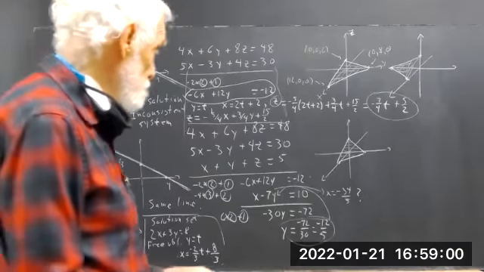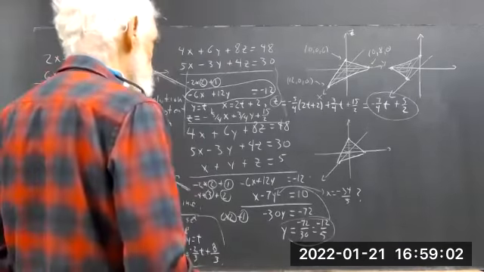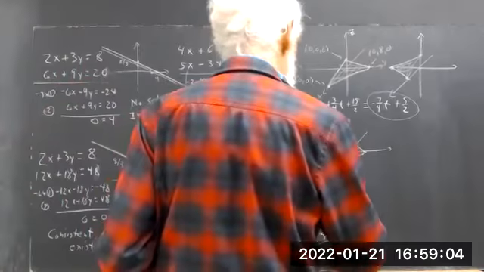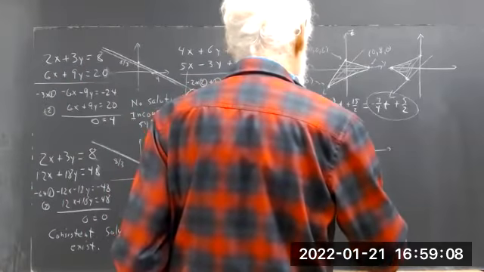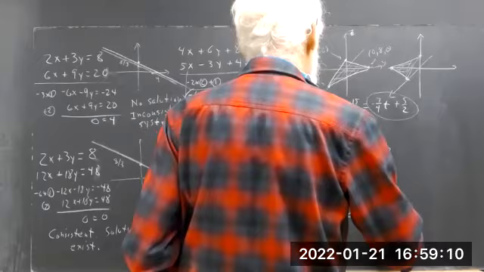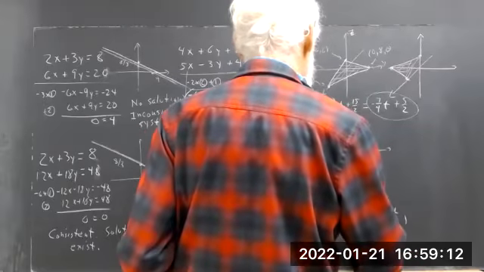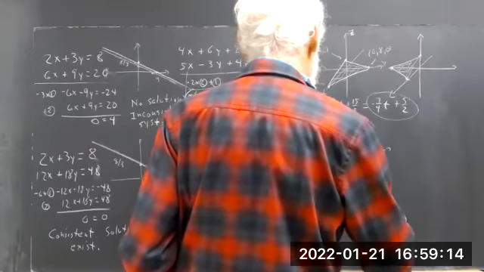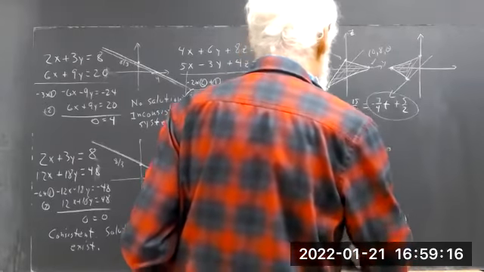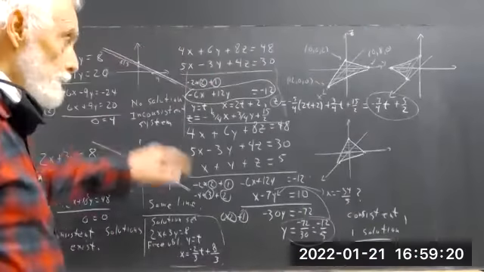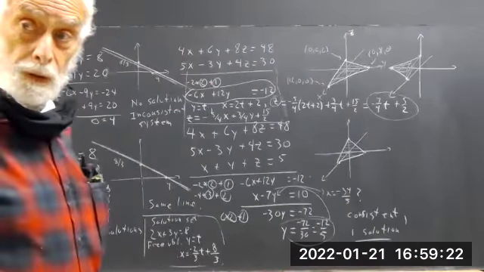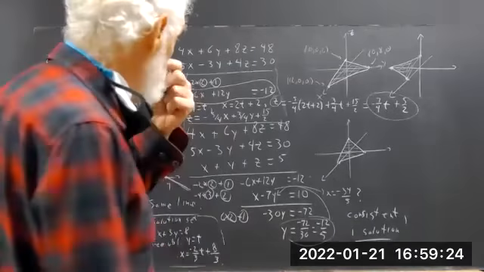We conclude that this system is consistent with exactly one solution. The system up here was consistent, but there were infinitely many solutions.